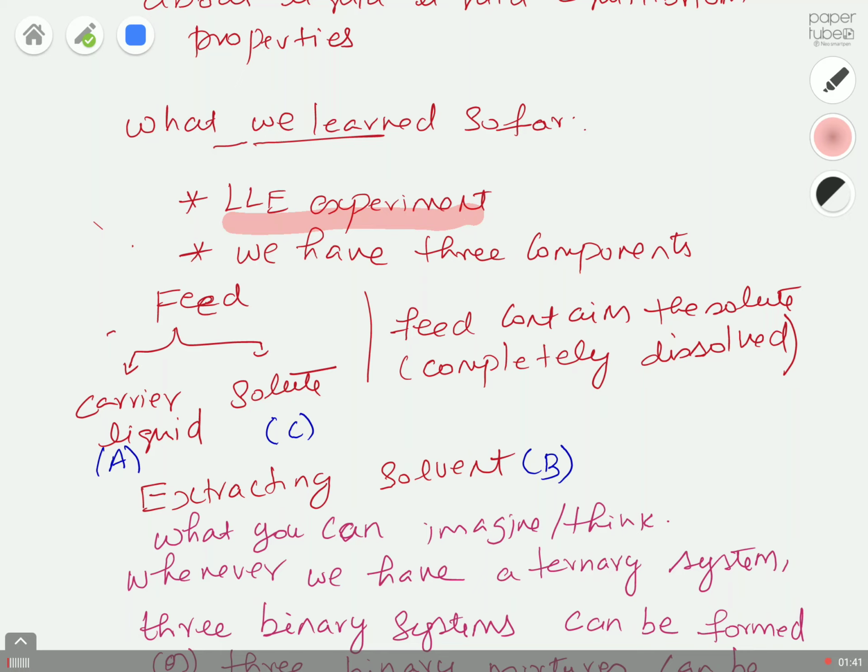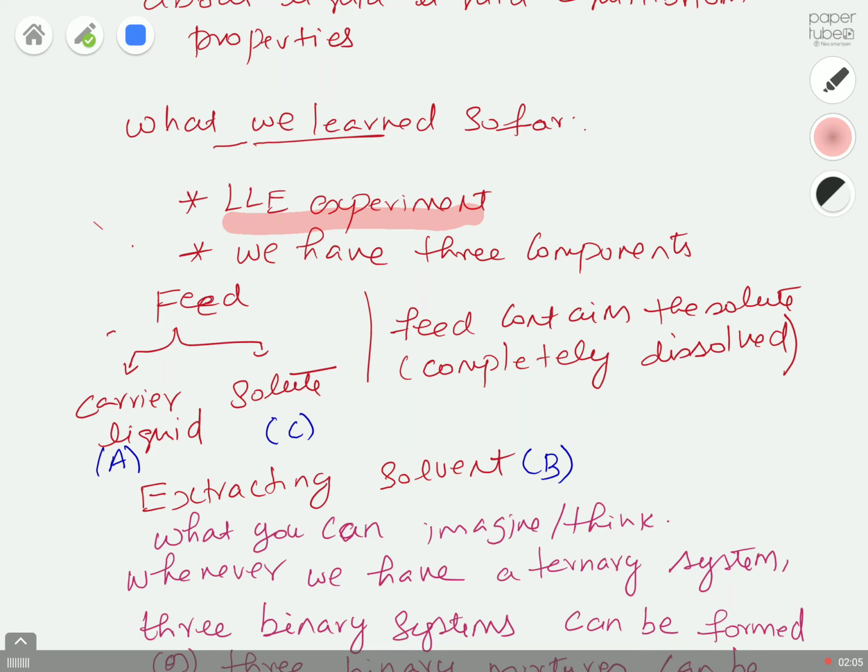You have some feed solution, you add some solvent, and then you mix it. You give intimate contact between your solvent and your feed mixture. So eventually some mass transfer is going to happen. Your solute molecules are going to move, and once your system reaches equilibrium, you settle the whole solution and then you separate those two phases.